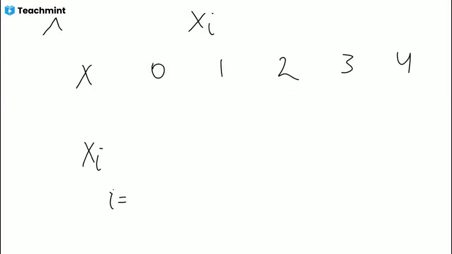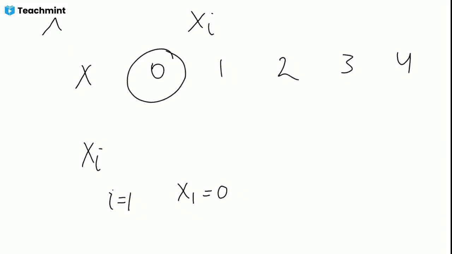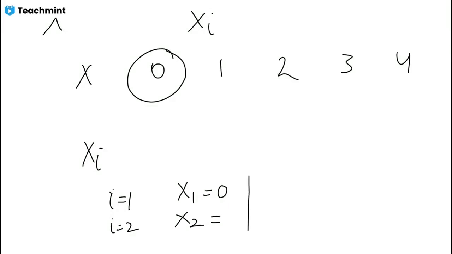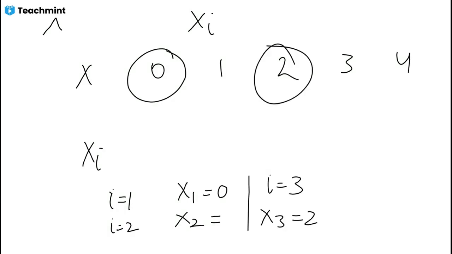When i is equal to 1, it means the first value of x, that is 0. When i is equal to 2, it means the second value of x, that is 1. Similarly, if i is equal to 3, then the third value of x, that is 2. So i represents just the position of the value, and the same for j also; any symbol in the suffix denotes the position. Yes, ma'am, got it now.